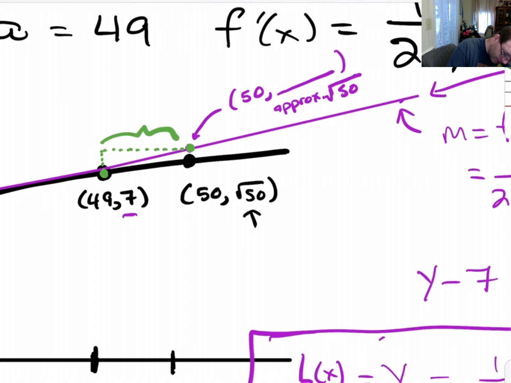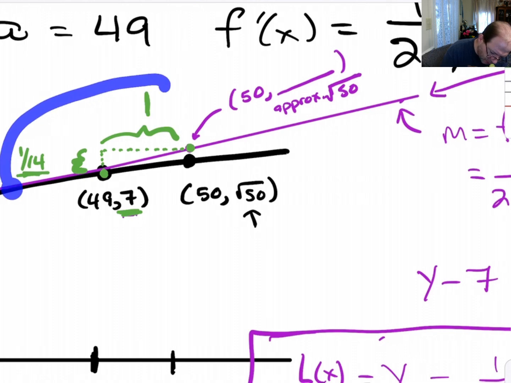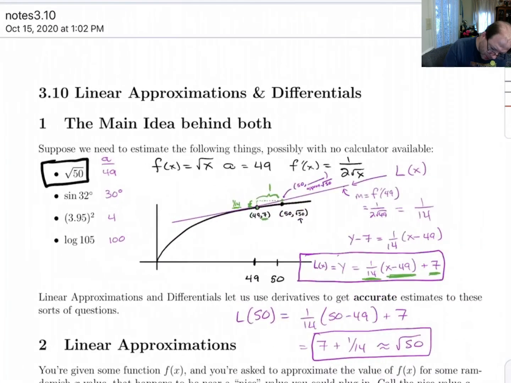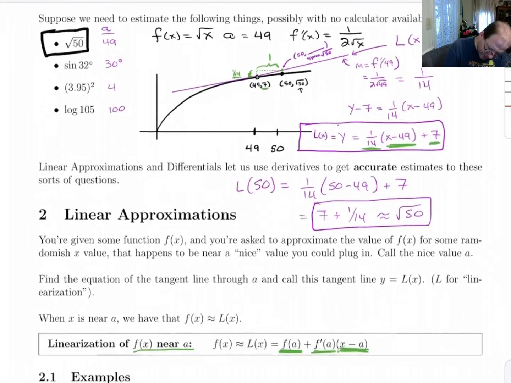Because if you think of it as rise over run, we're running 1 and we're rising 1 over 14. So another way you could think of this is this has a y-coordinate of 7, and you add 1/14 onto it. That'll give you the 7 plus 1/14. And this is really more of the idea behind a differential than the linearization. So anyway, that's where this stuff comes from.